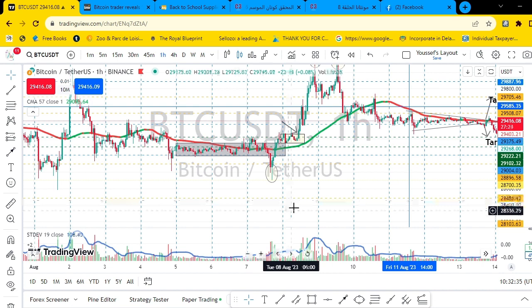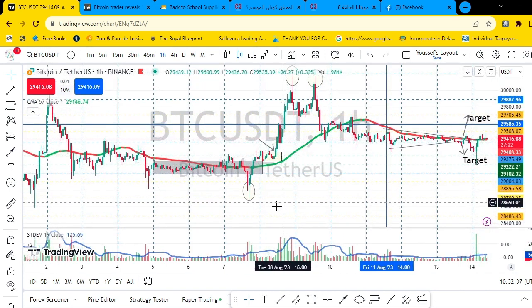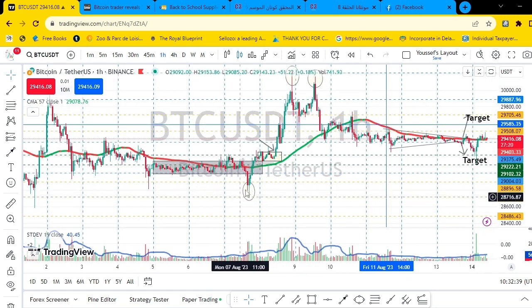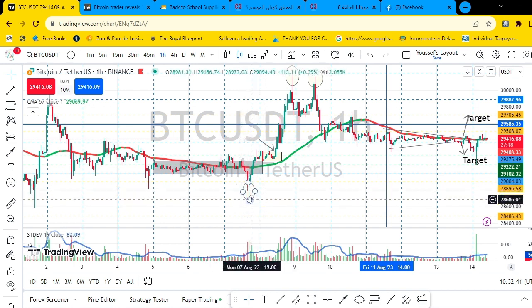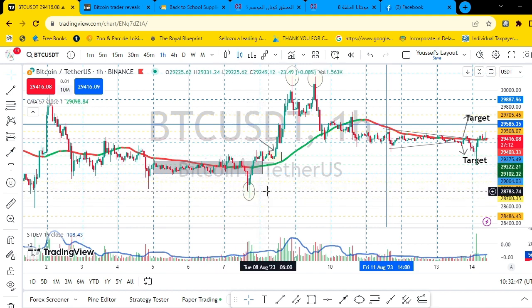But what I do when I see a sign like this, which is a very powerful indication and confirmation that the price is going to change direction most of the time, is wait for another confirmation, which is the breakout of the moving average.